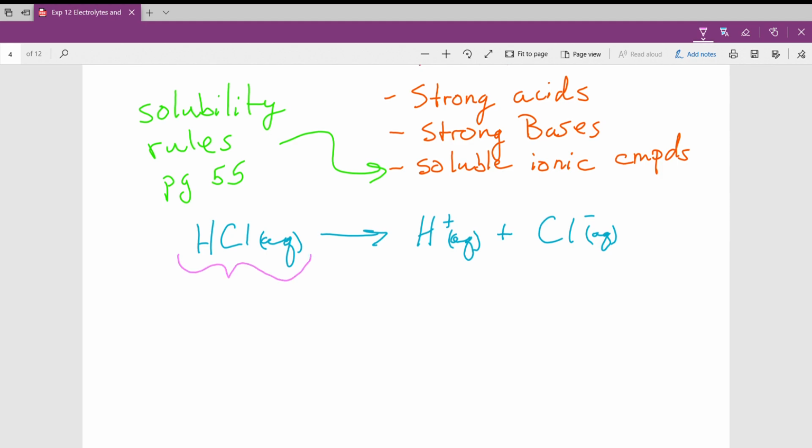It is one of the 6 strong acids. So we basically have 100% this. Whoa, that's wrong. Sorry about that. I meant 0% this and 100% this. Basically, what that means is HCl does not stay HCl. It breaks down into H+ and then the Cl- here. Okay, that's complete dissociation.